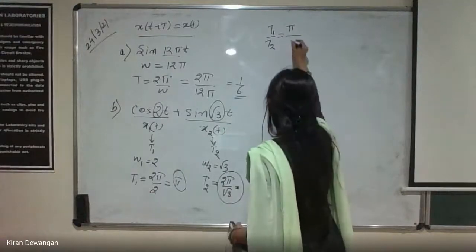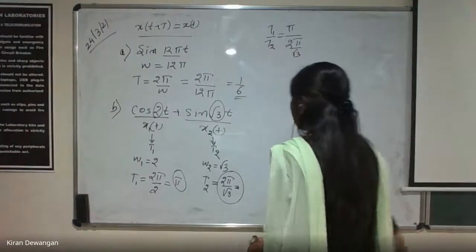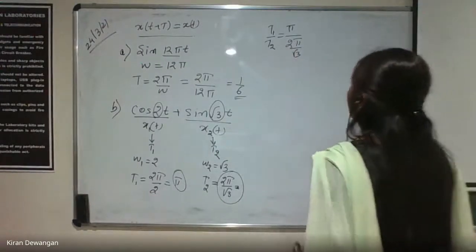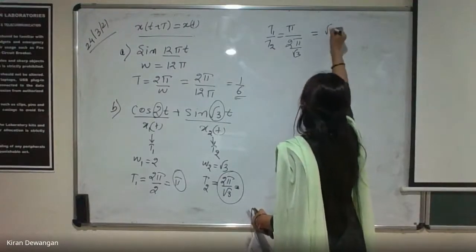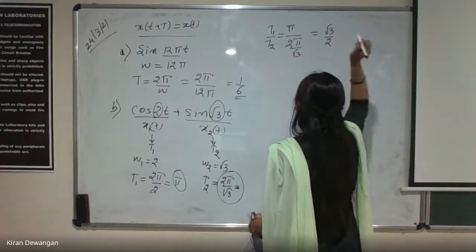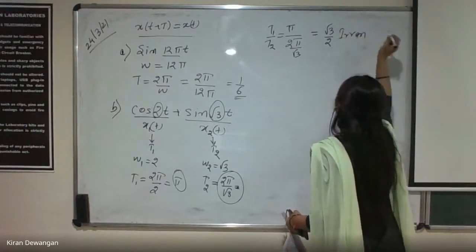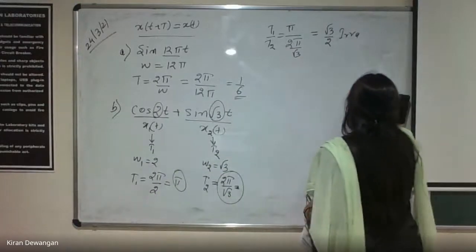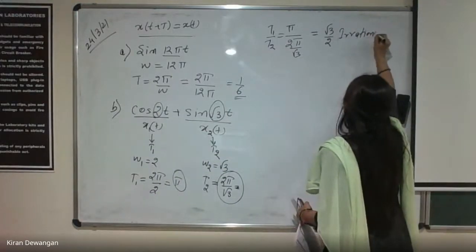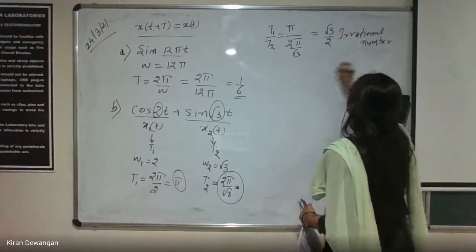It is 2 pi by root 3. Correct? If you cancel out the pi and pi, it becomes root 3 by 2, which is an irrational number, and hence non-periodic.